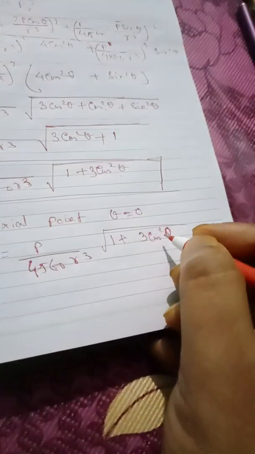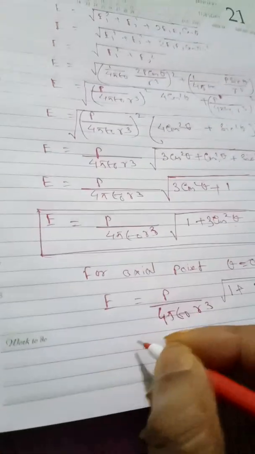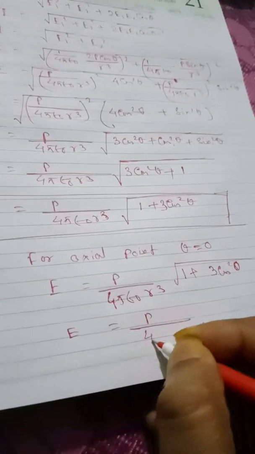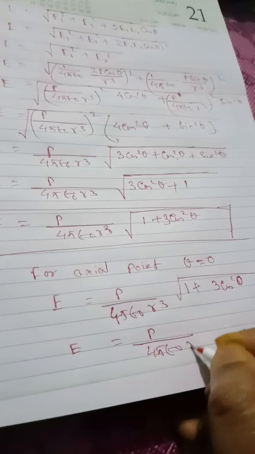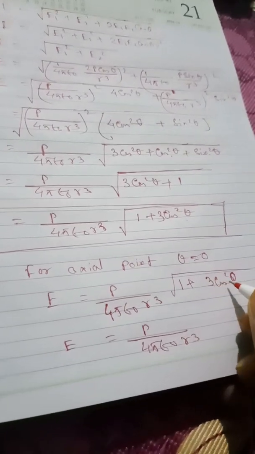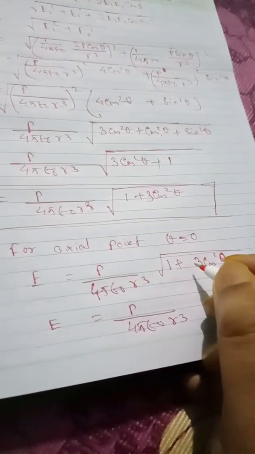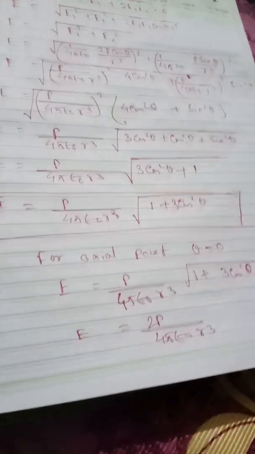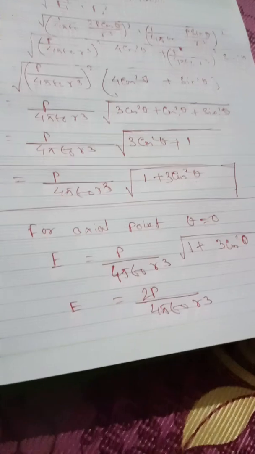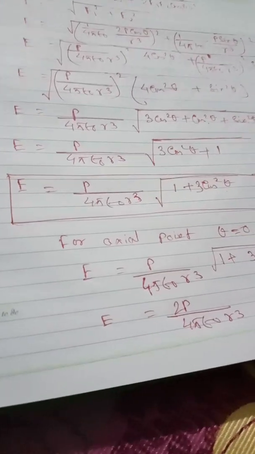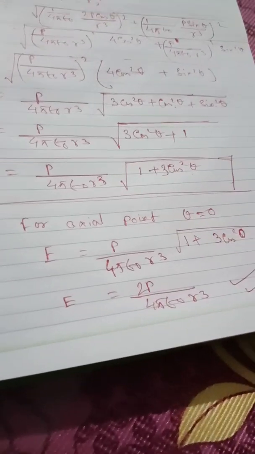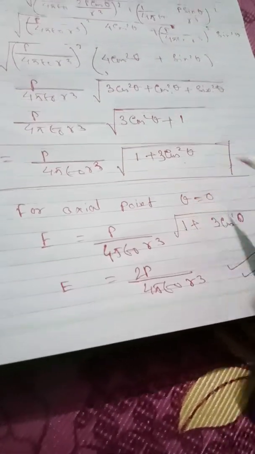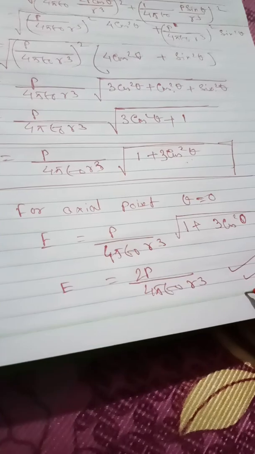So cos square 0 means what? 1. So that will be E is equal to p by 4 pi epsilon naught r cube, root of 3 plus 1, which is 4. Root of 4 means what? 2. So we can write 2 here. So this is the electric field intensity for the electric dipole at any axial point. So from this equation we come back to the axial point.